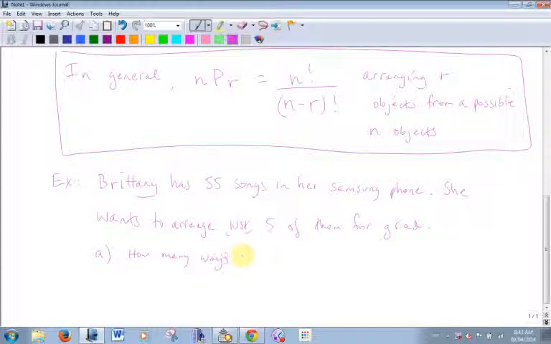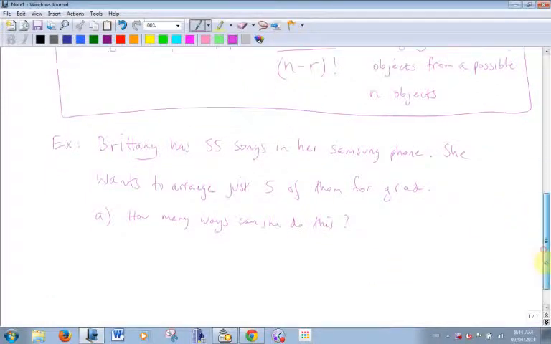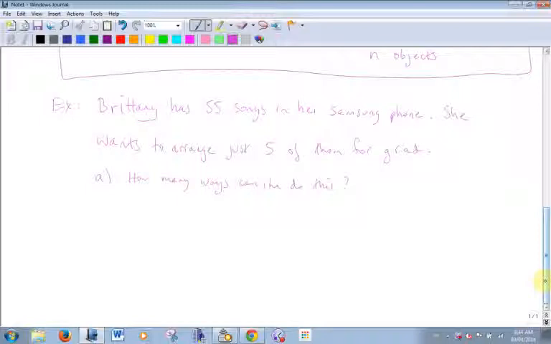How many ways can she do this? So she wants to arrange 5 of her 55 songs. Okay? So common sense says, well, to pick the first song, how many choices does she have?